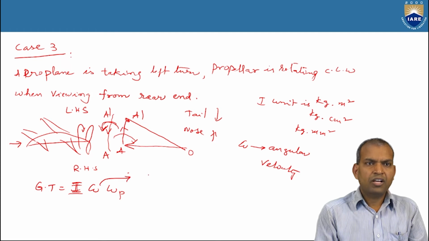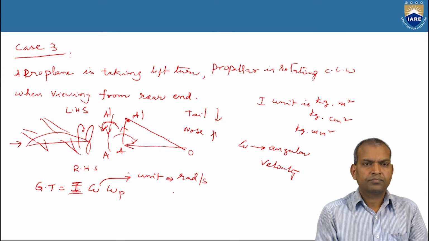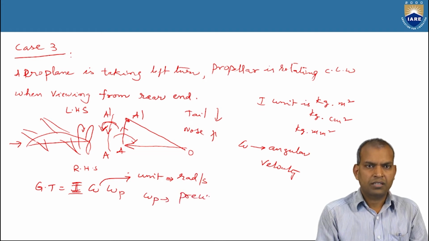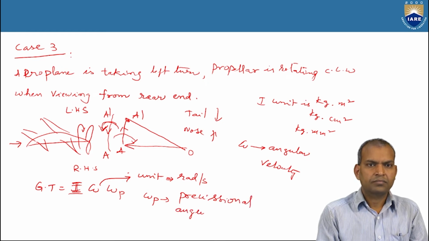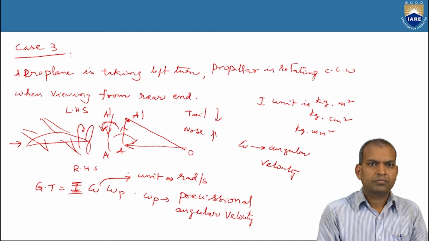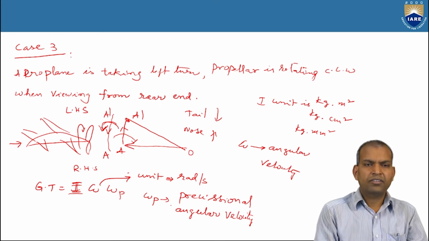This angular velocity unit is radians per second. Next, omega P is the precessional angular velocity.